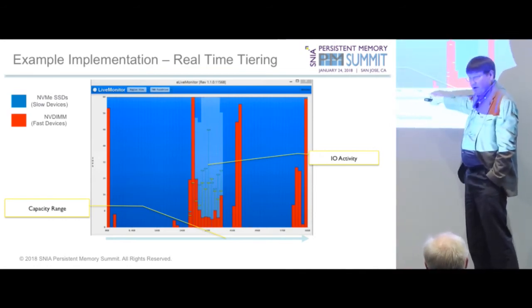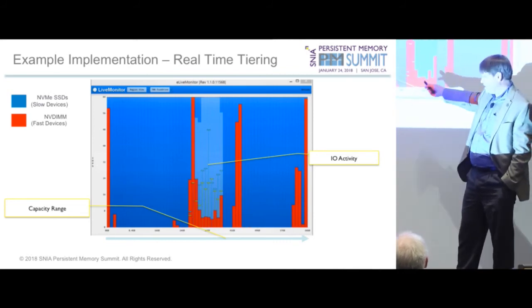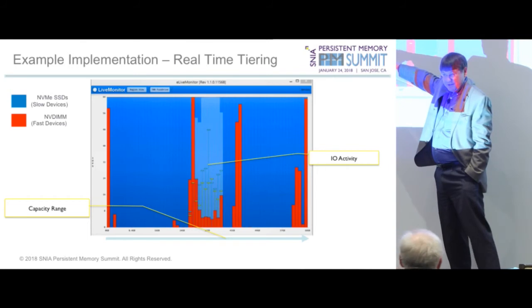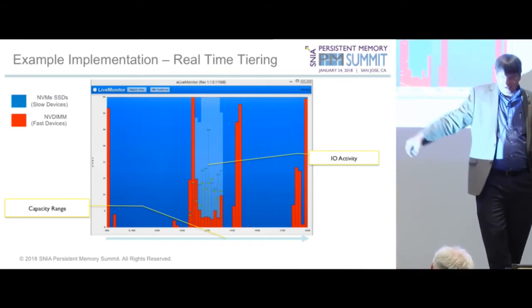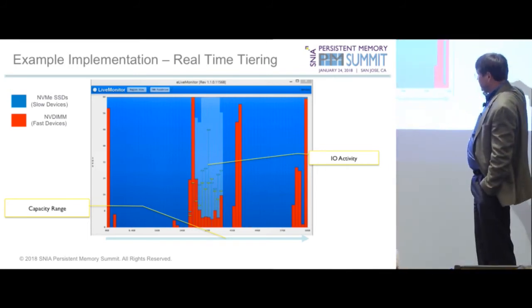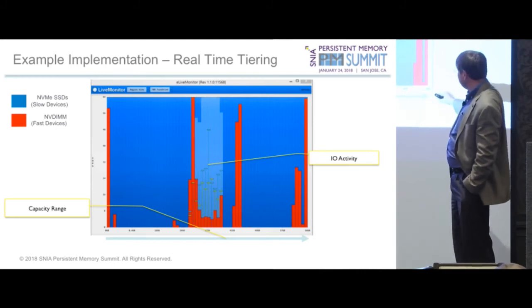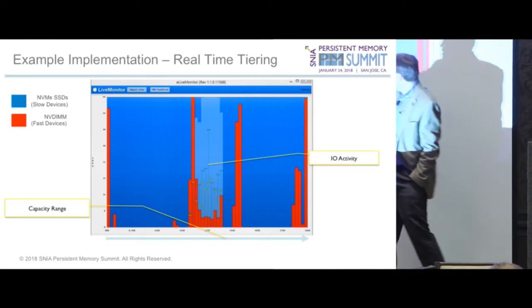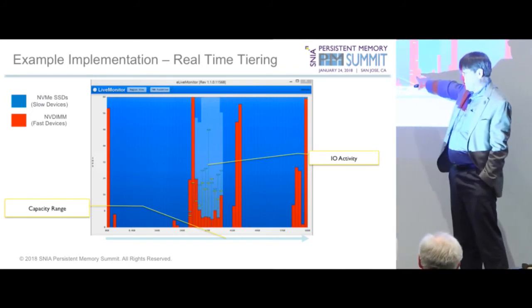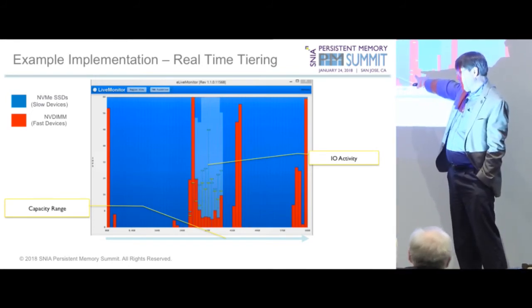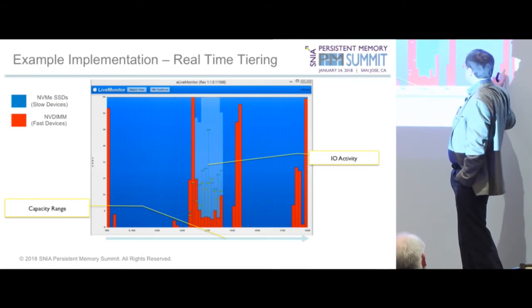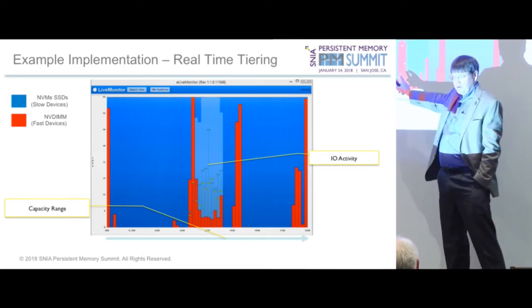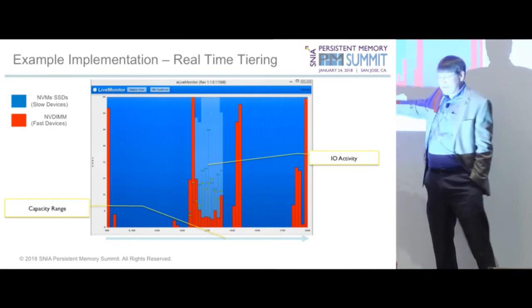These LBAs are on fast media, in this case NVDIMM, and these are on slow media, in this case NVMe device. So you can now look across the spatial analysis, and not only will you see I had a whole bunch of activity going here, but now I actually have a bunch of activity going here. Hey, it's about time to start moving some of these things onto the slow media and shifting that faster media in under here, because that's where my workload is actively.